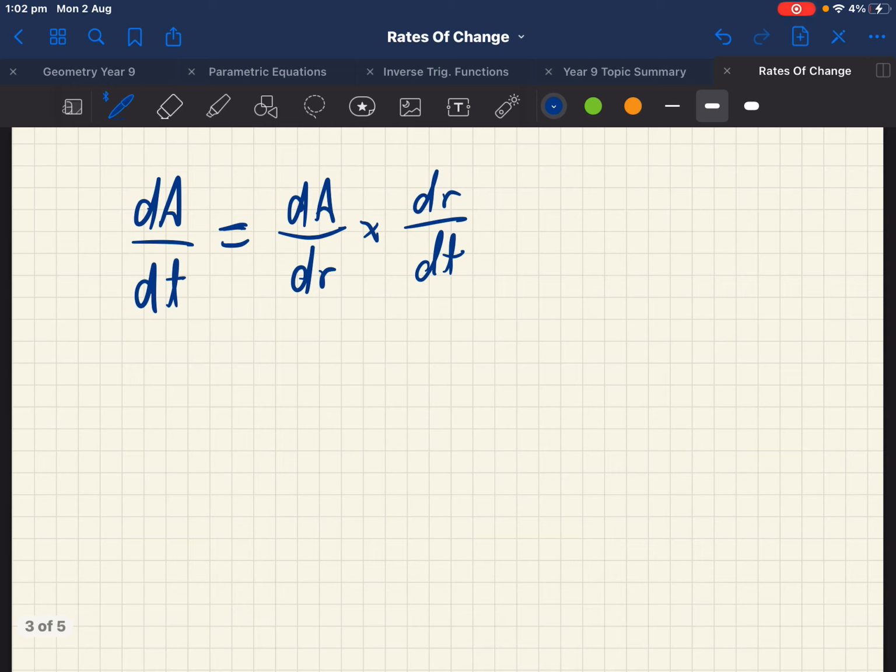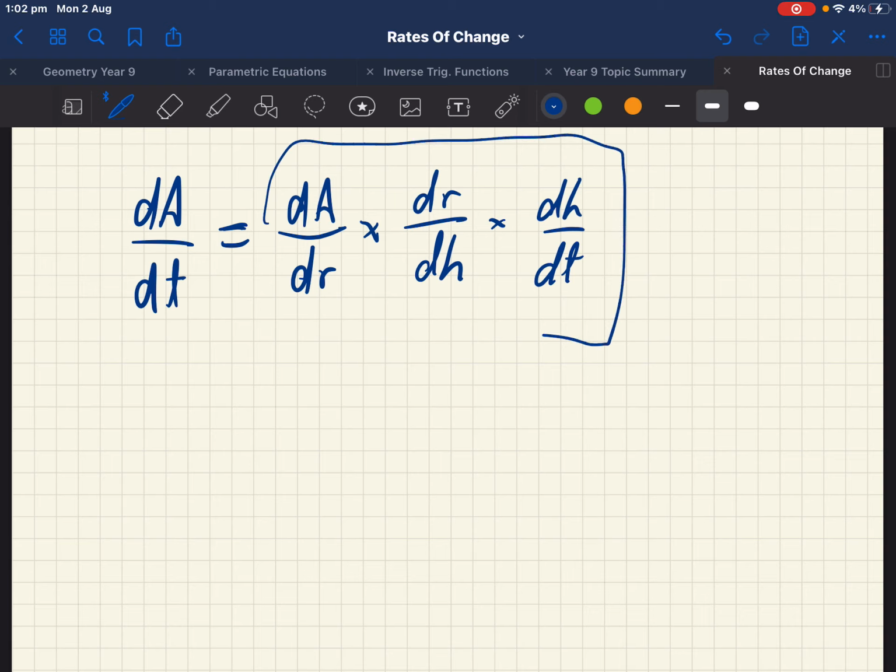And just like any chain, it can have more than just one link. You could theoretically introduce more variables. Let's say some hypothetical scenario where r is somehow related to some other variable called h. You could then daisy link in an extra variable. This expression I've just written here is still just dA/dt.